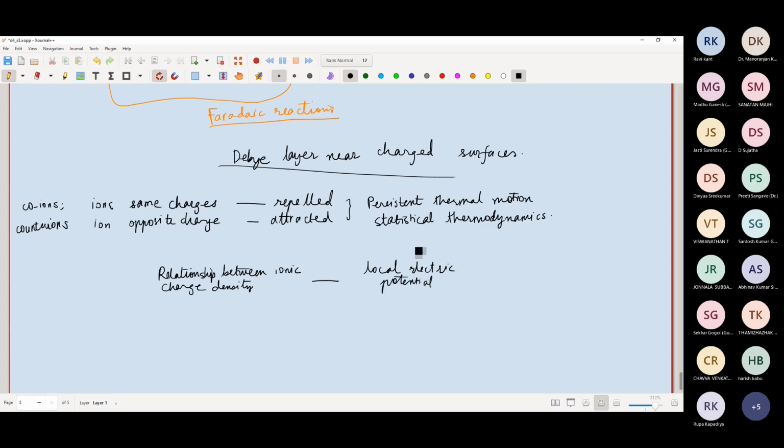And this relationship has to be very general. It should not be necessarily tied down to the Debye layer that we're trying to study. So we must first establish this.